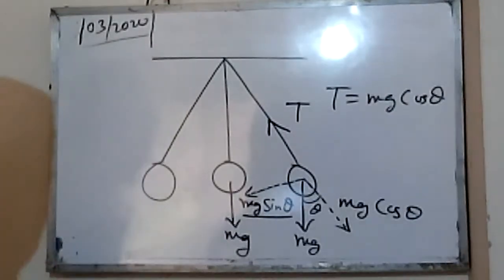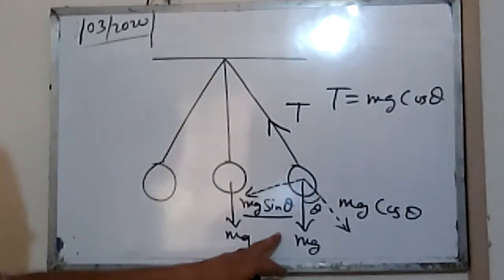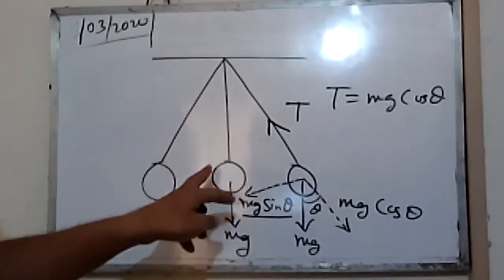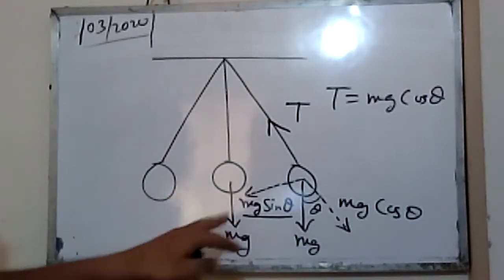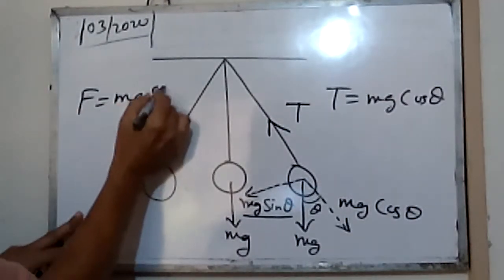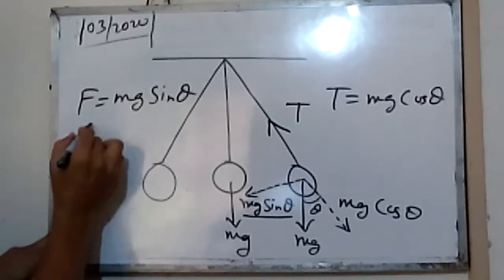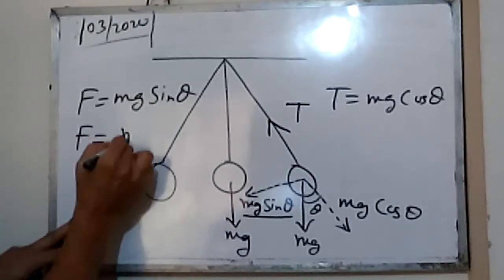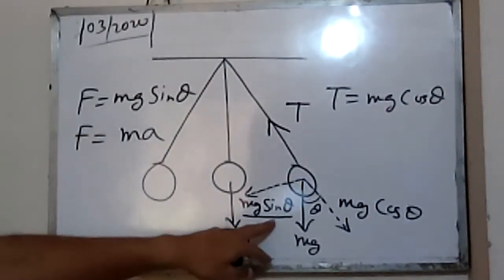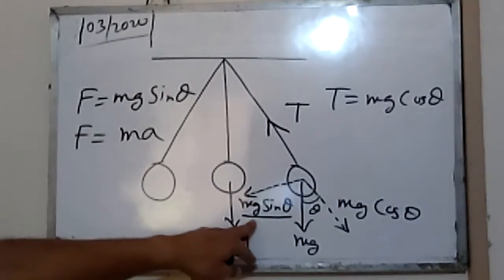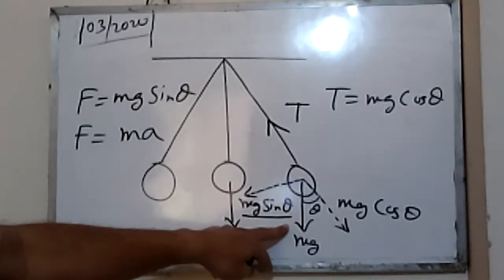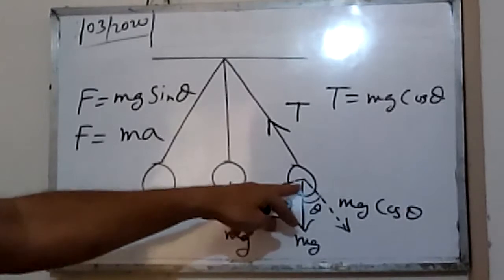Now we can say that the applied force on the bob, we can write F equal to mg sin theta, and we know F equal to ma. Here mg sin theta is the resultant force or the applied force on the bob.